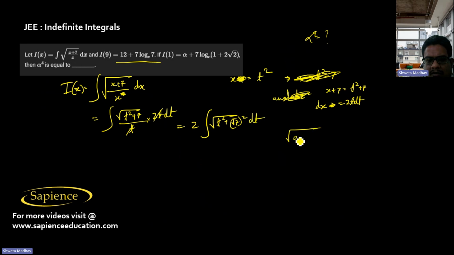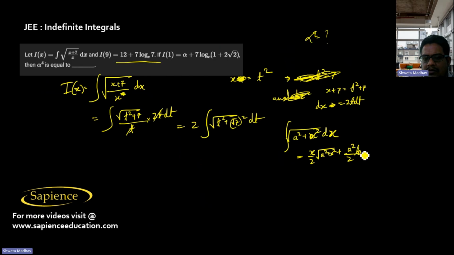Now we know that the integral of root over a square plus x square dx is given as x by 2 root over a square plus x square plus a square by 2 log base e of x plus root over x square plus a square plus c.